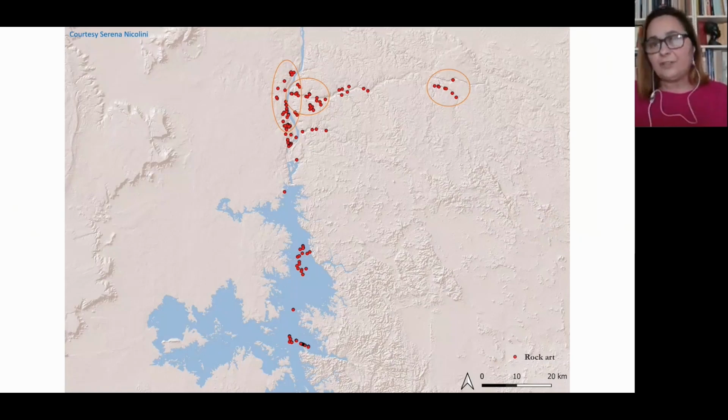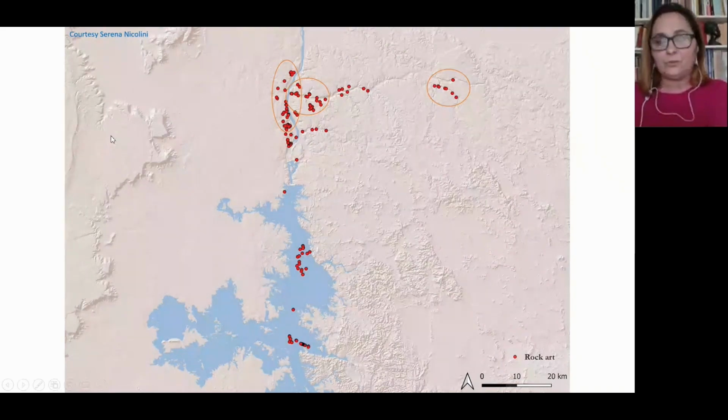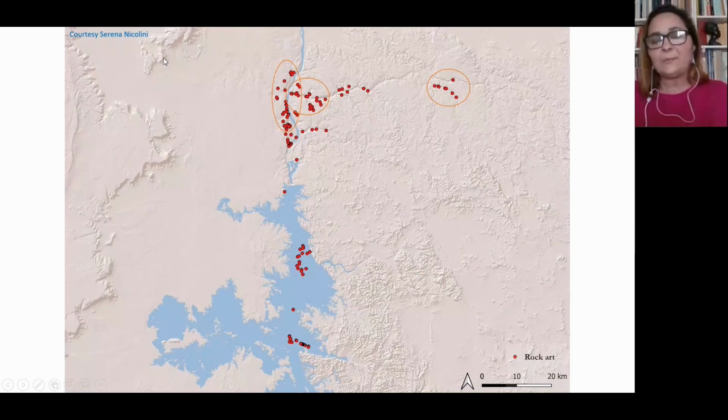The region is very rich in rock art, and all the red dots that you can see here, thanks to the work by Serena Nicolini, who is a PhD student of mine at the University of Bologna, show the spatial distribution of what we know so far as rock art sites.